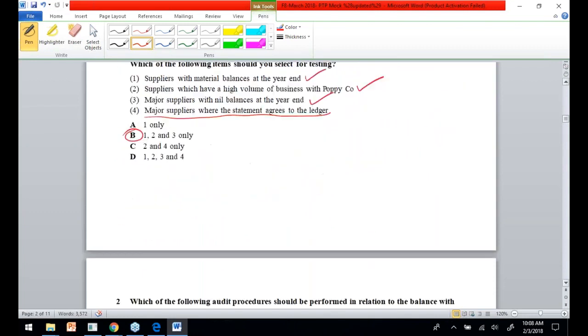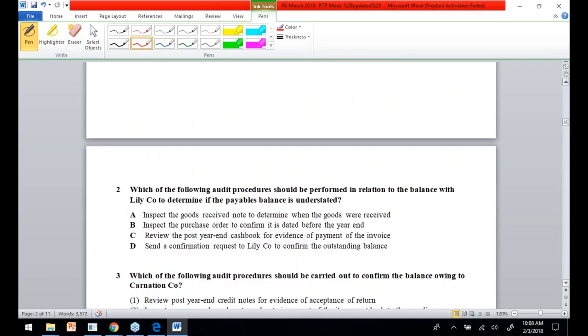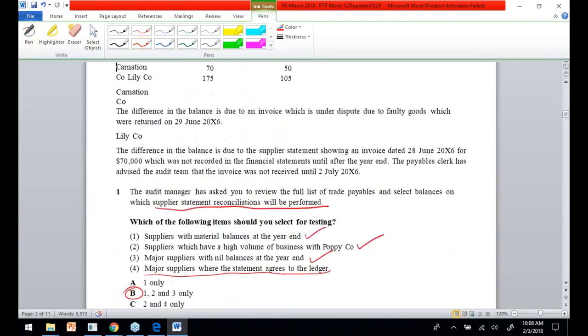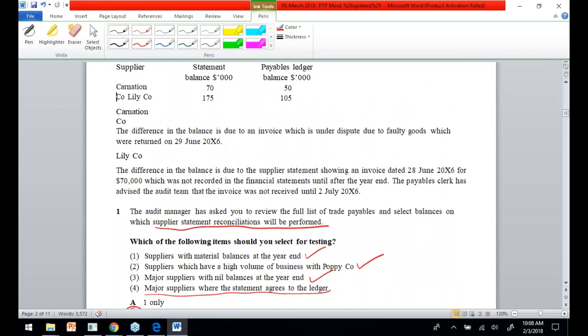Moving on. The second question was, which of the following audit procedures should be performed in relation to balance with Lilly Company to determine if payable balance is understated? If you scroll back, the difference in the balance with Lilly Company was for $70,000.